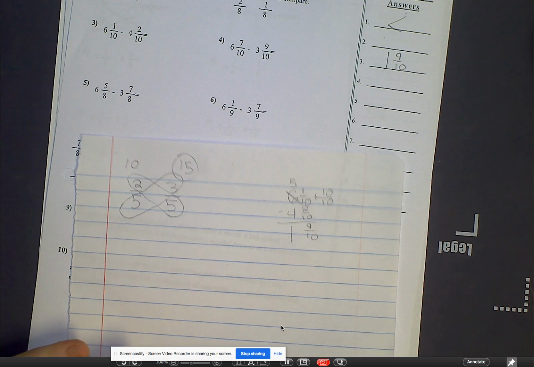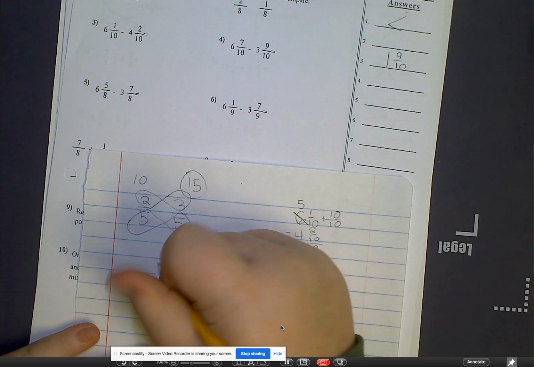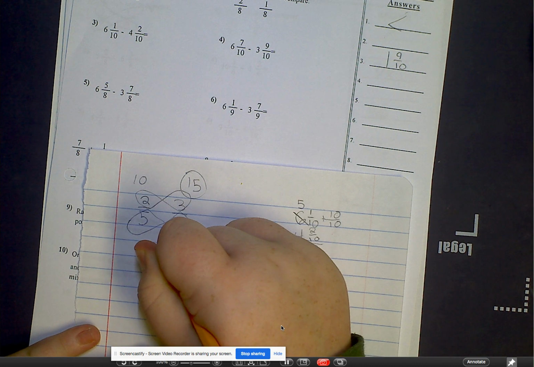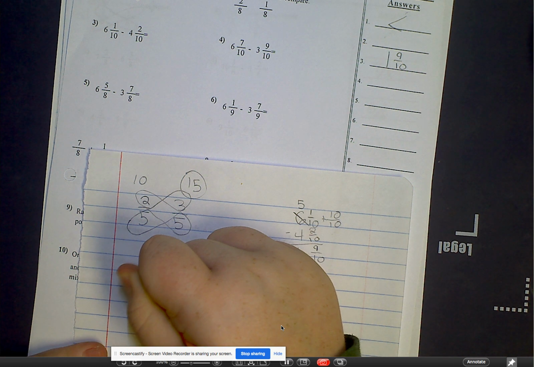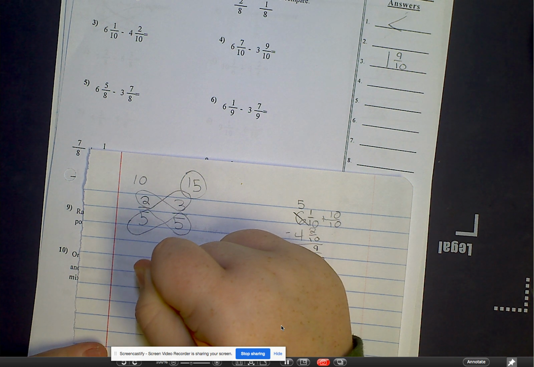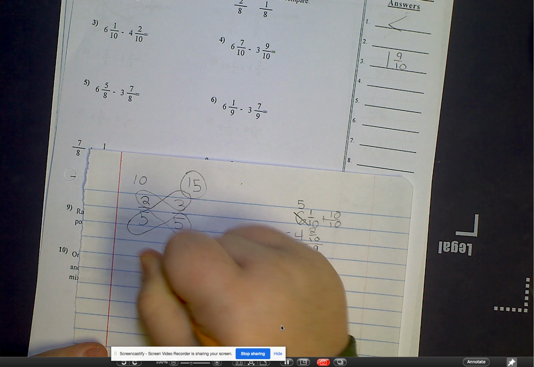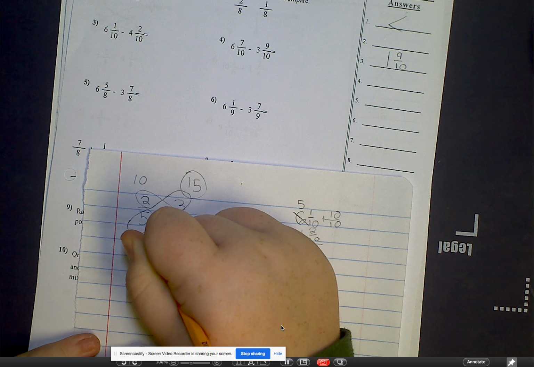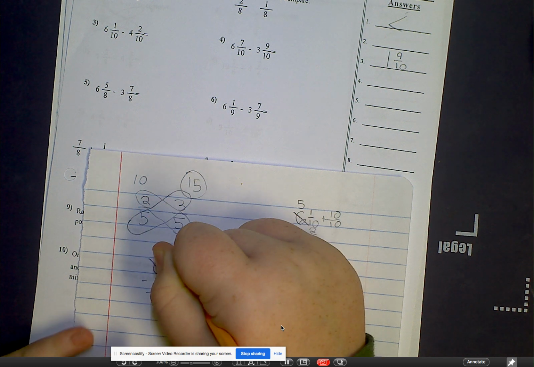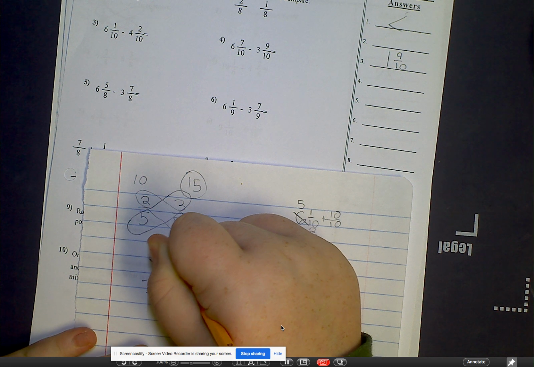And then next we're going to do number 5, which is 6 and 5/8 minus 3 and 7/8. So you take away this, turn it into a 5, then put this as a fraction. You're adding that, right?